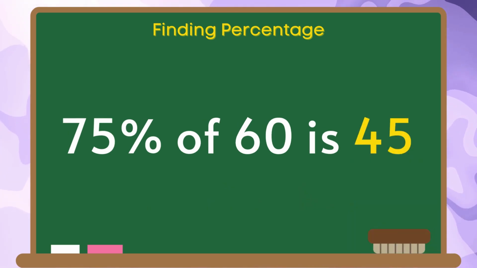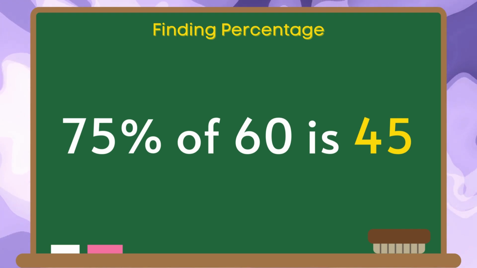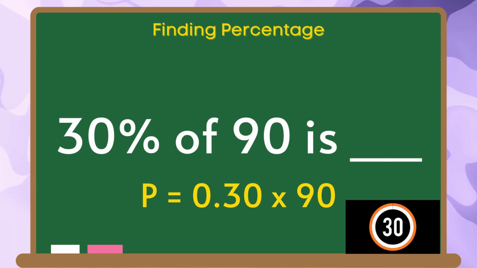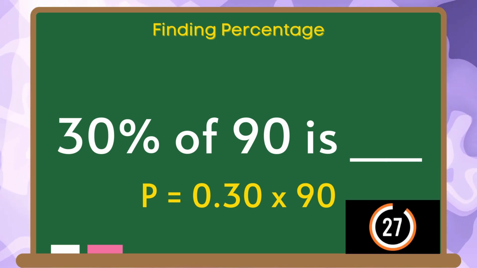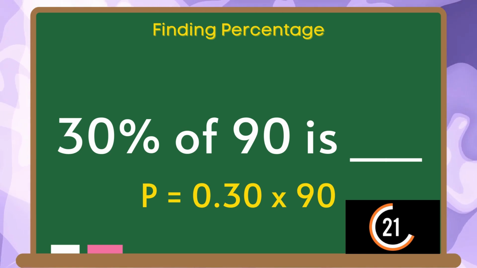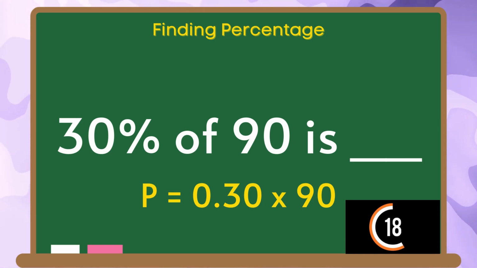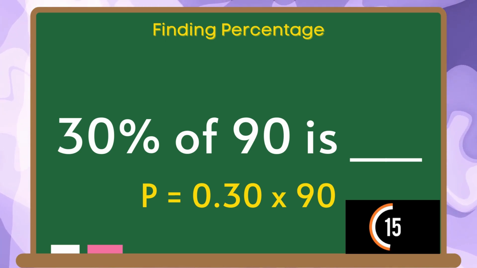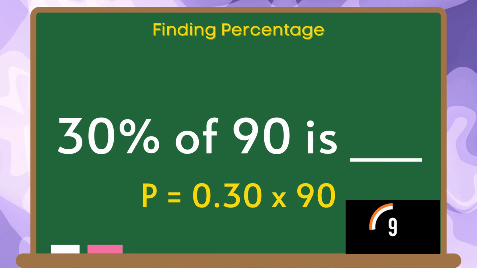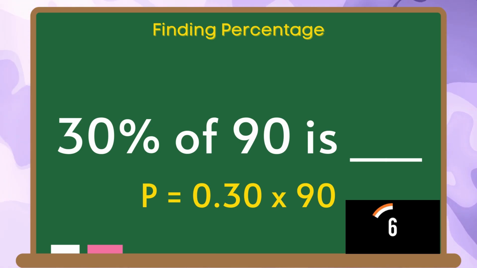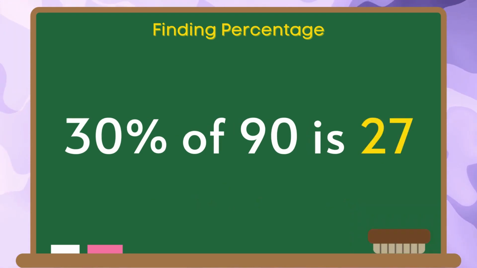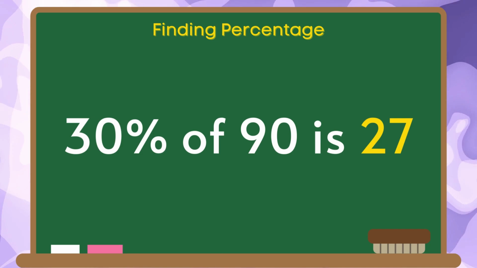The correct answer is 45. And for the last item, 30% of 90 is blank. The correct answer is 27.